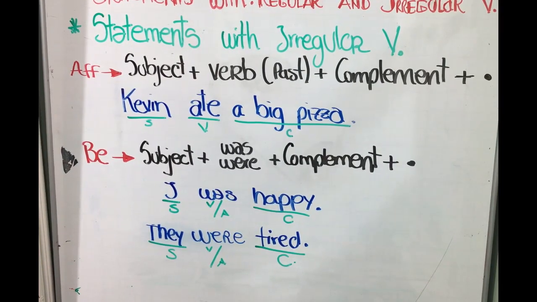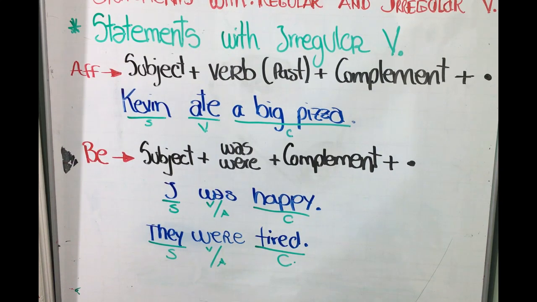Now let's check statements with irregular verbs. When we talk about irregular verbs, these verbs often look different from the base form. On the other hand, we have an exception with the verb be.